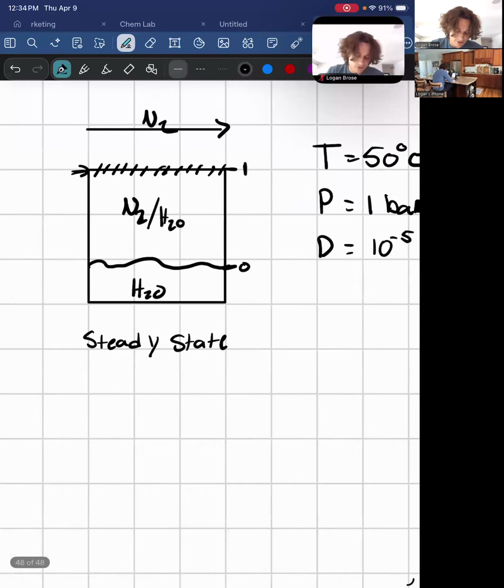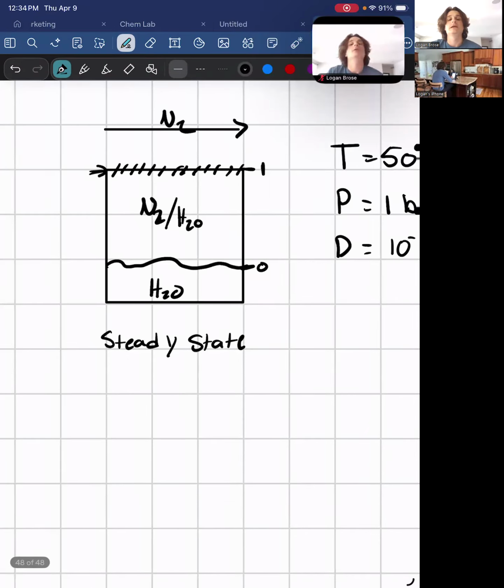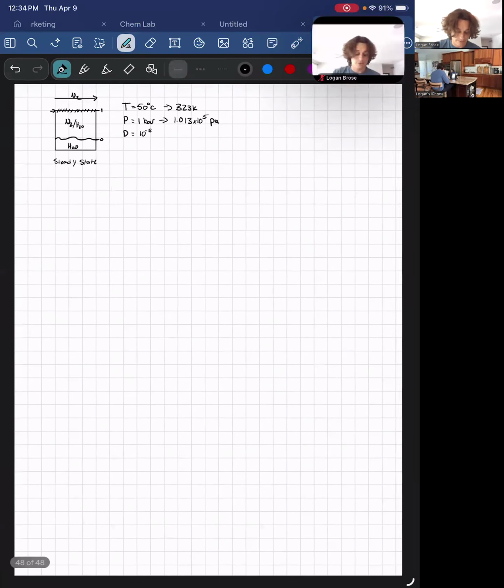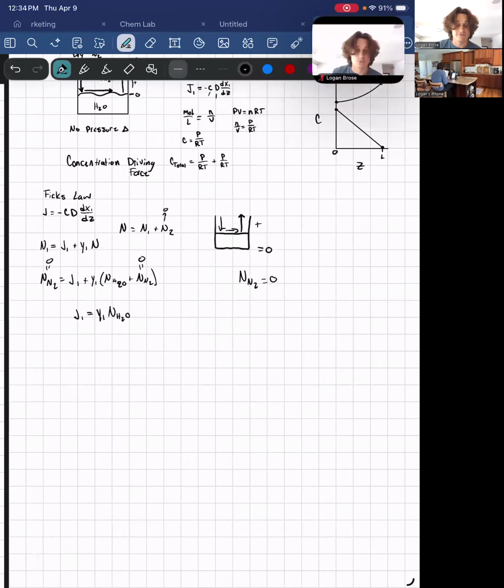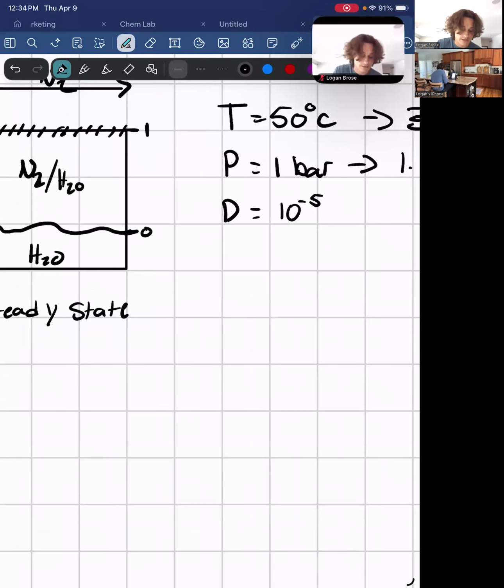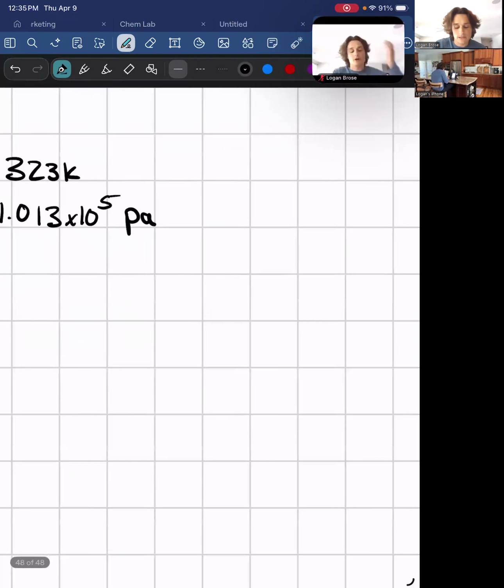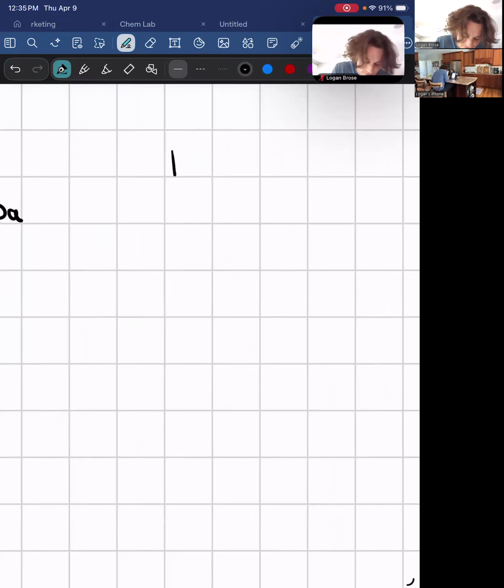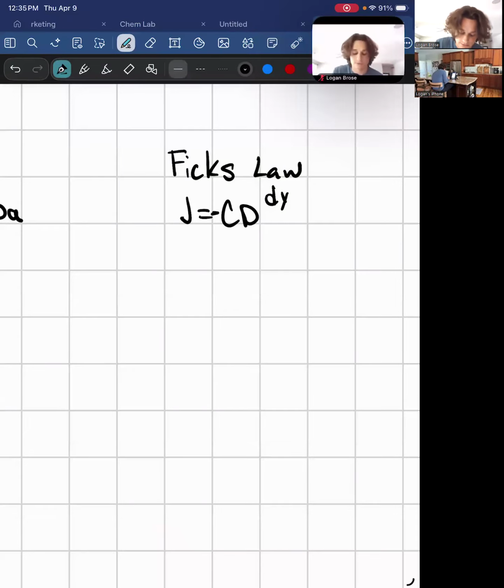So what we want to do here is figure out the flux for water, right? So what we just determined down here, we talked about our flux. We want to find that for our water in this example. So where do we start? Well, we can write down a couple of equations. We know Fick's law, that J equals minus CD, and then we're looking at the gas, so dy1 over dz.